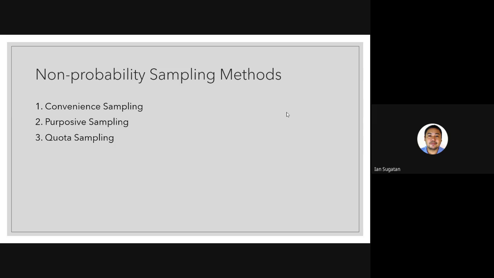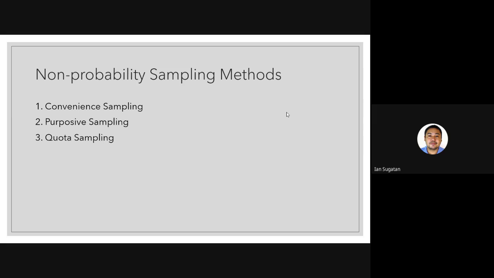So if the users of your system are barangay officials, then you limit your test, your sampling size, to the barangay officials. So that is purposive. When we speak about quota sampling, this refers to the quota. For example, if you have a quota of 80 people out of 100 people, then you must get 80 people out of 100.